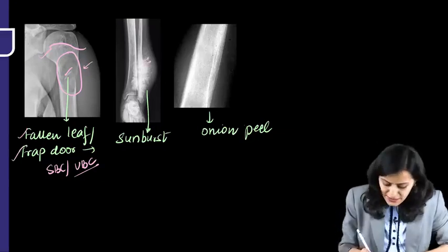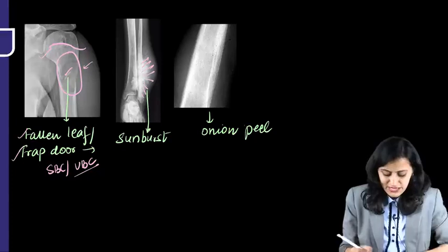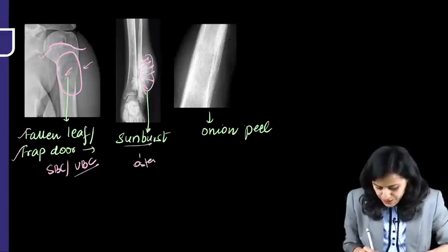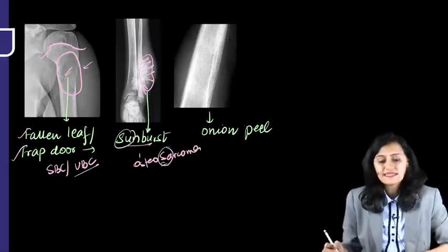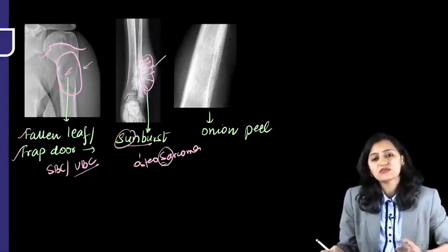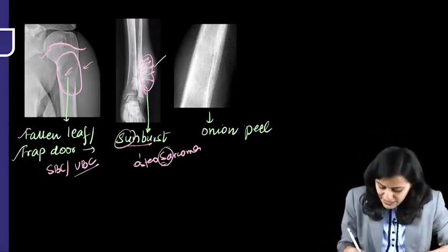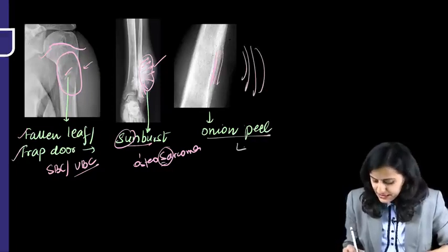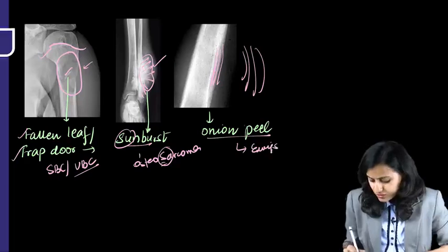When you have this sunburst appearance of the periosteal reaction with the osteoid formation, think of osteosarcoma. So remember SS, sarcoma has sunburst appearance. It is one of the malignant, the aggressive periosteal reaction. When you have this lamellated periosteal reaction, like the onion peel, then we should think of Ewing's sarcoma.